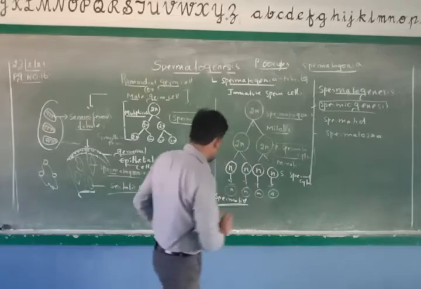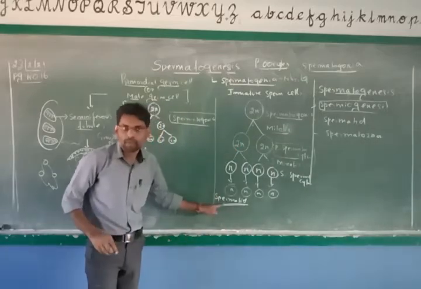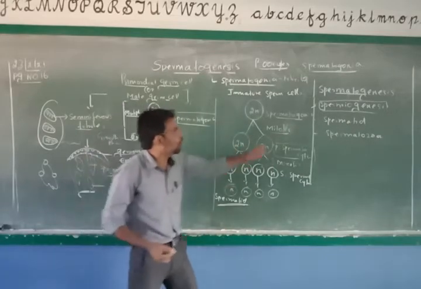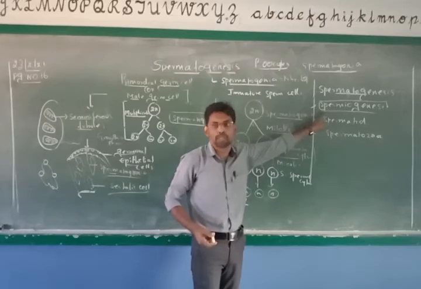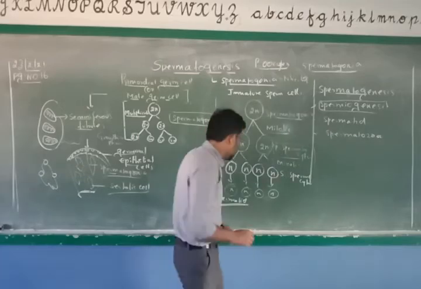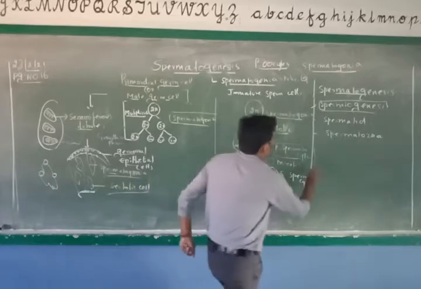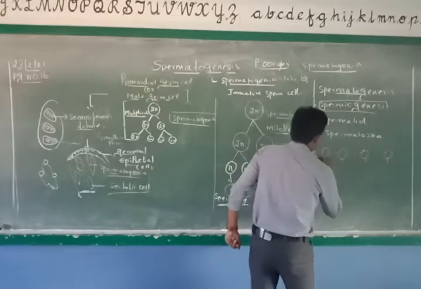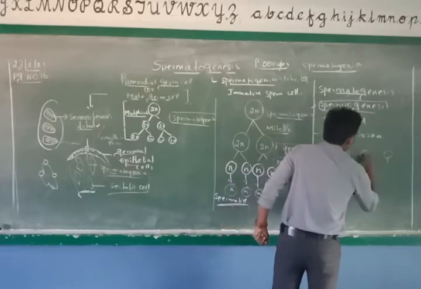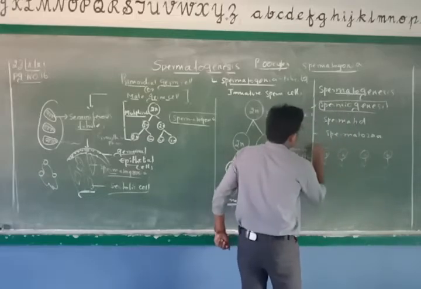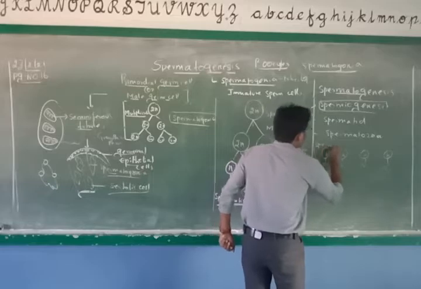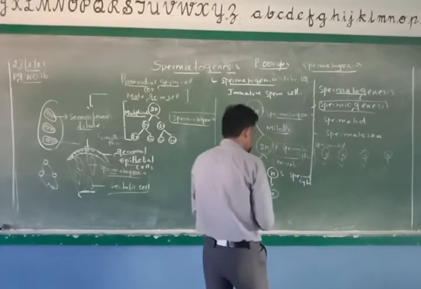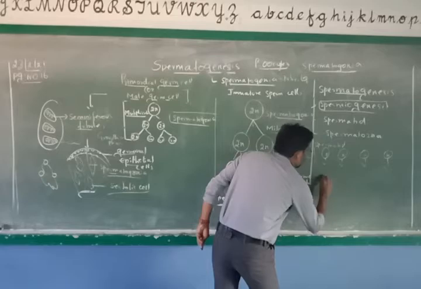Spermiogenesis. Whenever the spermatids are formed, they will undergo a maturation process called spermiogenesis. Then these 4 things, which are haploid, I will draw here. All these are haploid, all these are called spermatids. They will undergo a change where it forms a head, a neck, then a tail.